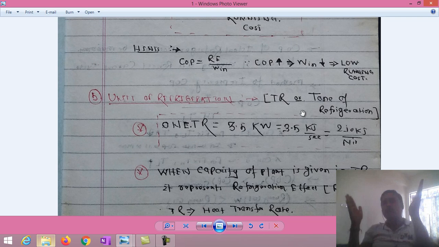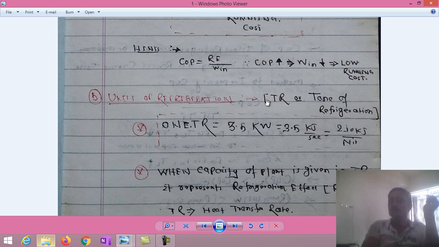Remember, this is ton of refrigeration. What is the meaning of ton of refrigeration? Initially you take 1 ton of water at 0 degree centigrade, and you have to convert this water into ice at the same temperature.